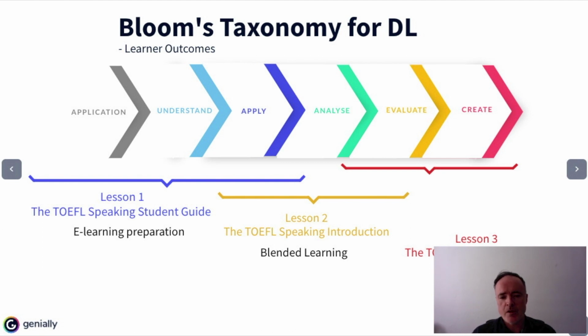That also has a little bit of overlap, which I like, and covers the apply, analyze, and evaluate stages. And then the third lesson would remove a little bit of the scaffold, hopefully reaching the autonomy stage, the evaluate stage, with the third document.